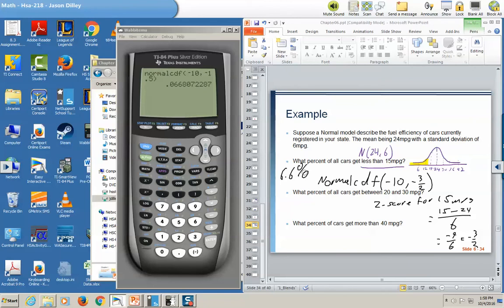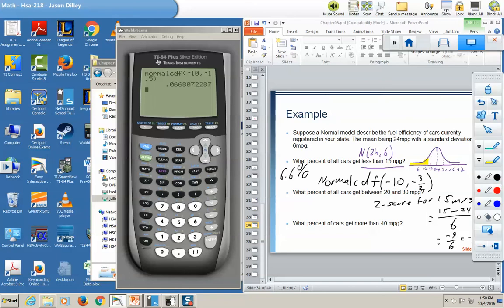So what percent of all cars get less than 15 miles per gallon? 6.6% of them do, because the z-score for 15 miles per gallon is -3/2, and the percentile from here all the way over, and again, I just chose a very small number for this side, is 6.6. So the area beneath this curve is 6.6%.